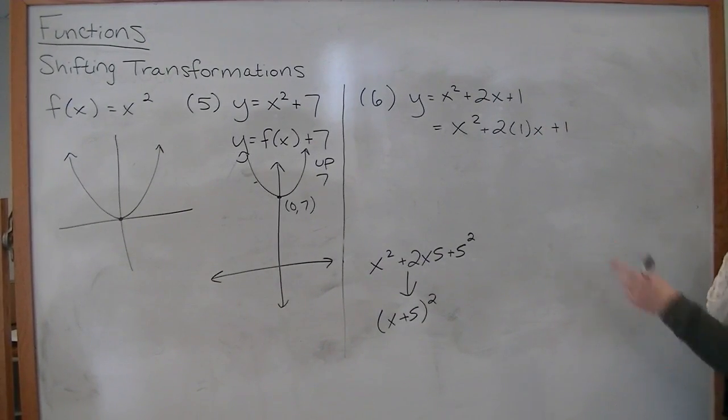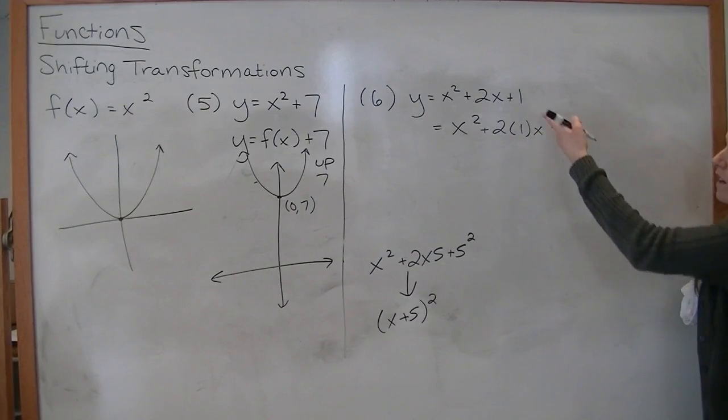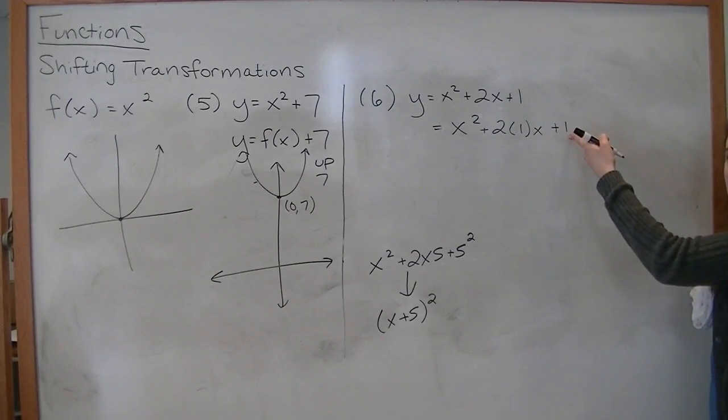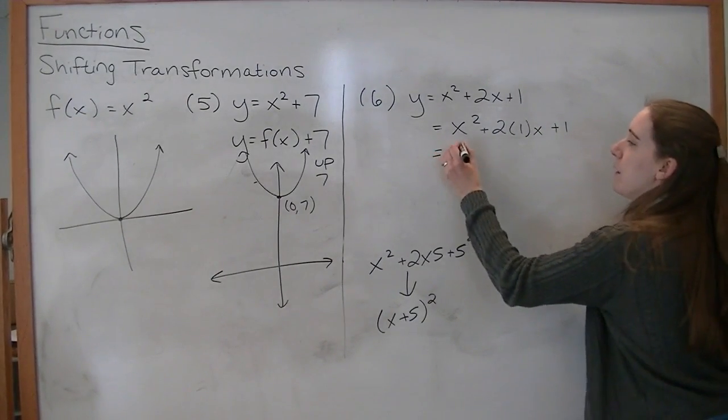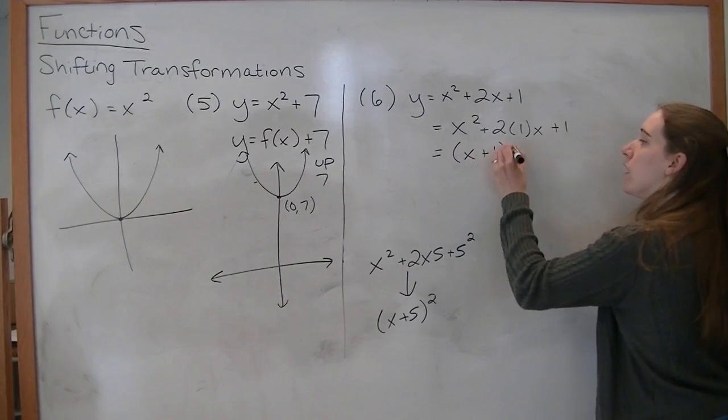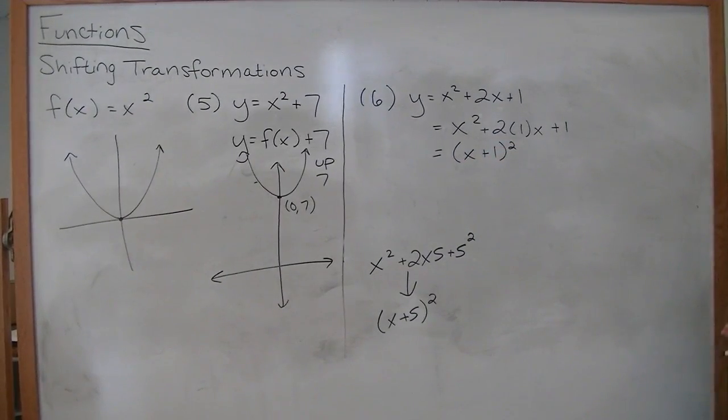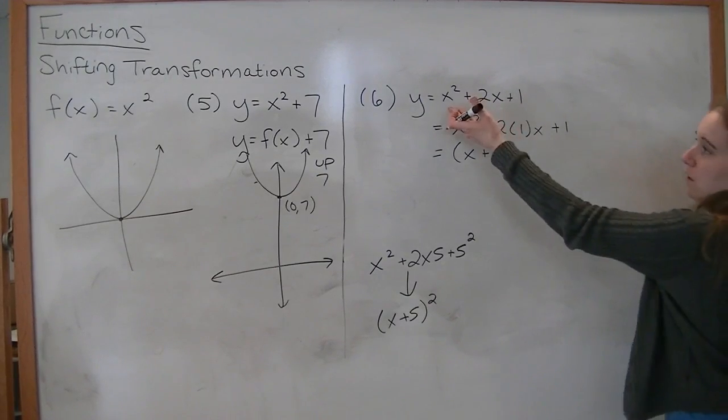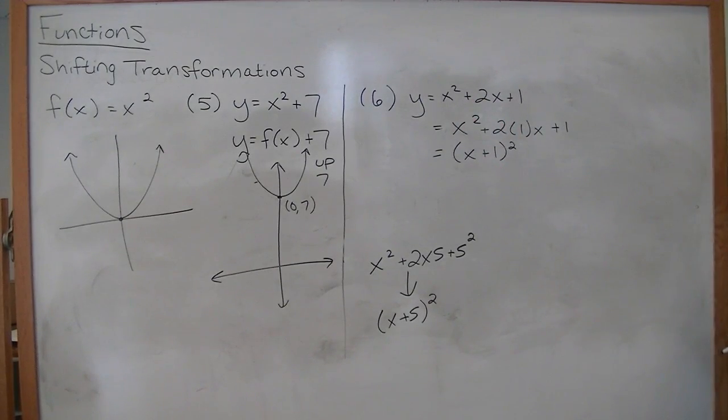Well, if we look at this, we see that our original equation already had that plus 1 there. So this was an example of a function that was actually already given to us in the correct form. We already had that x squared plus 2xs plus s squared form. So we could actually immediately go from here to here. We can factor that to be x plus 1 squared.